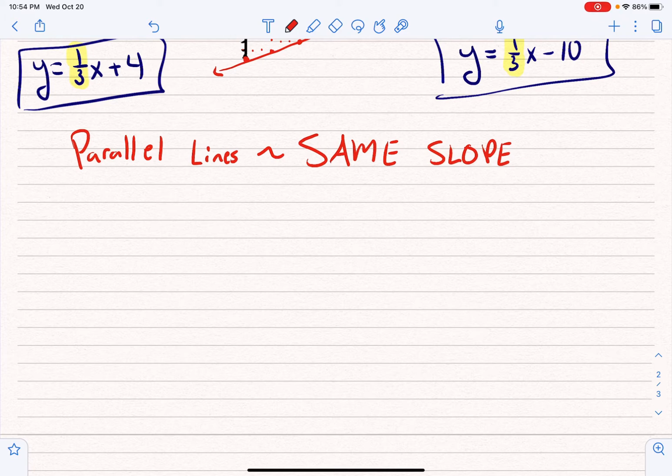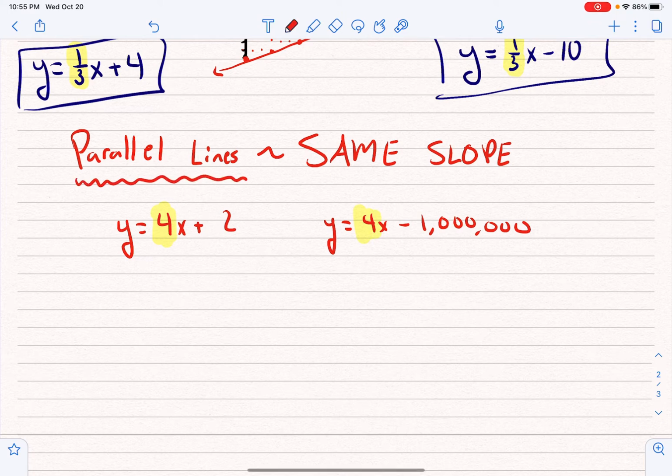So if I had a line that said y equals 4x plus 2 and another line that said y equals 4x minus 1 million, it doesn't matter how crazy off the y-intercepts are. If I pay attention to the slope, I notice they both have a slope of 4, so therefore they are parallel lines. Okay? Parallel lines always have the same slope.